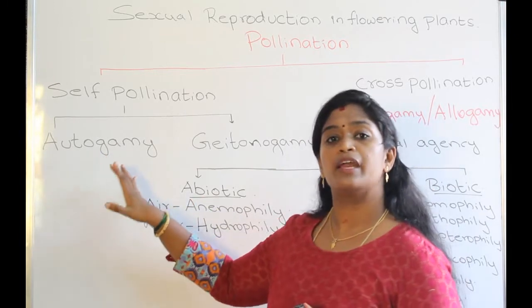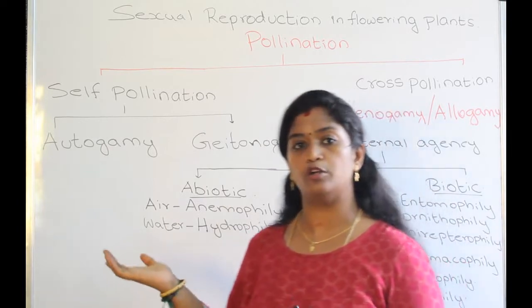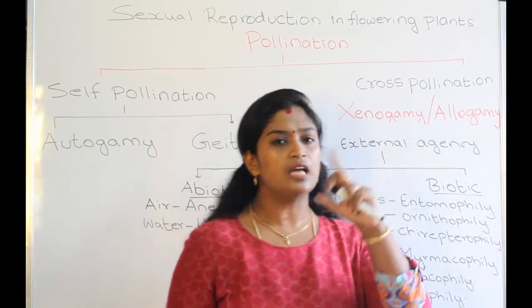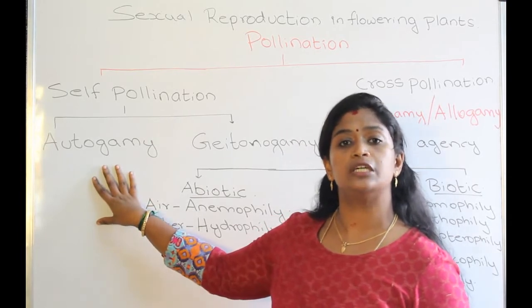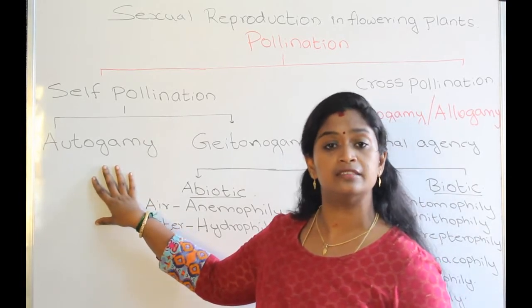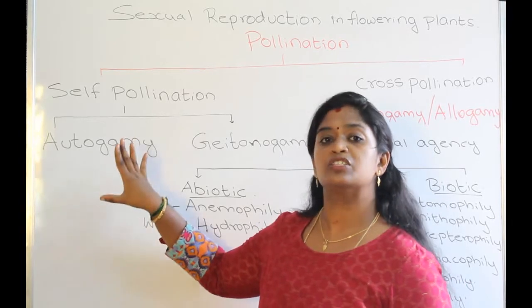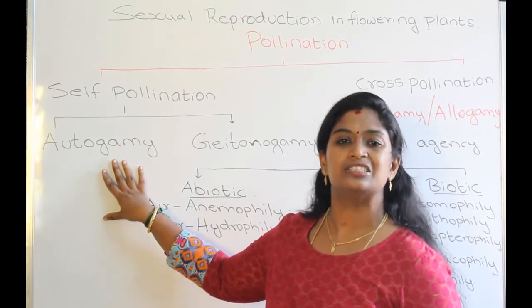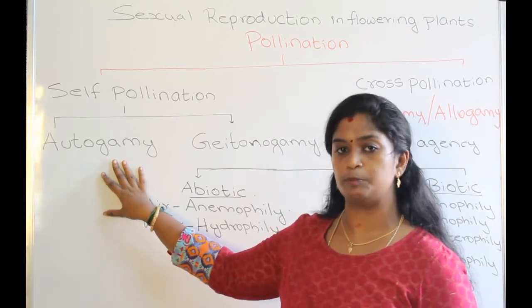So the plant may give rise to some undesirable traits. Another important thing about self-pollination is that there is no genetic recombination, hence there is no variation in the organism, and since there is no variation, there is less chance of the evolution of new species.